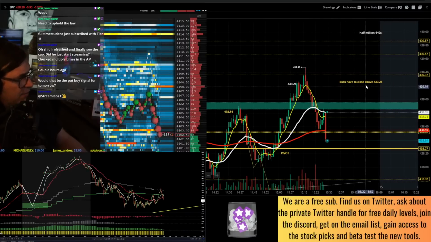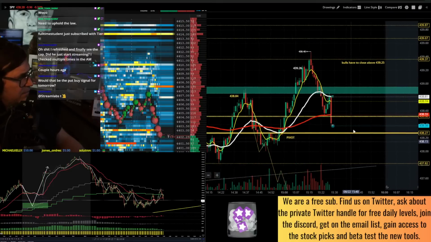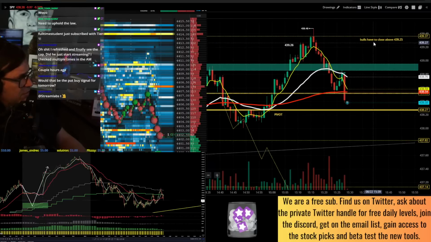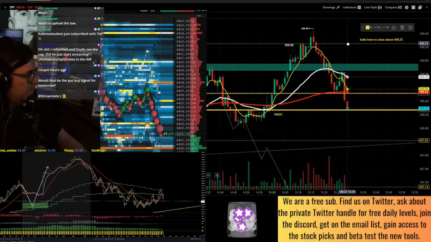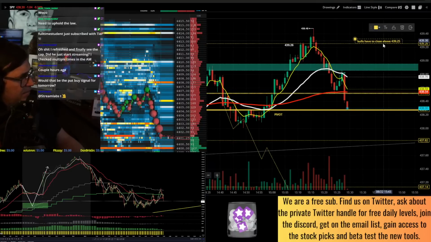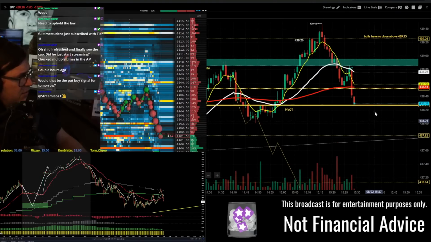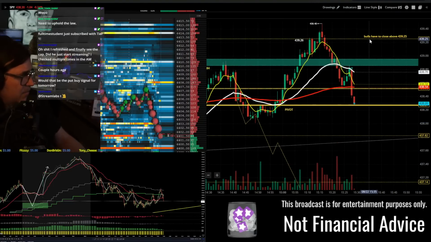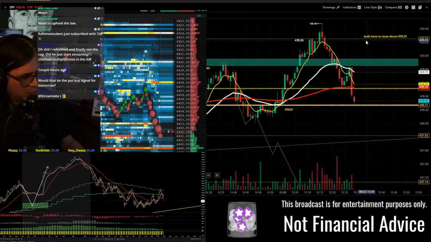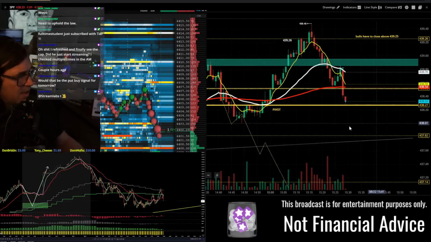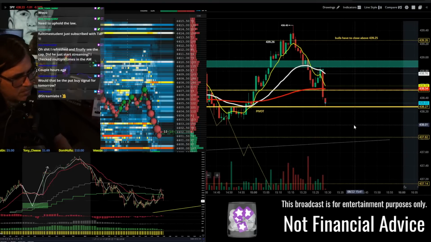That would be my view, that if you don't close above this 439.25, that is that 25 right there. So you need to close that today. Otherwise, if there is no close above 439.25 today, I would not be long into Friday.